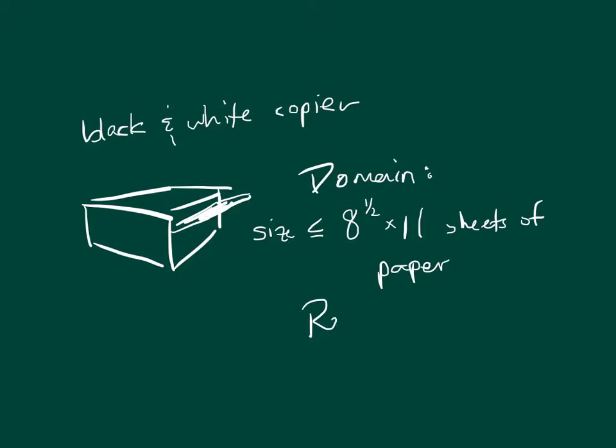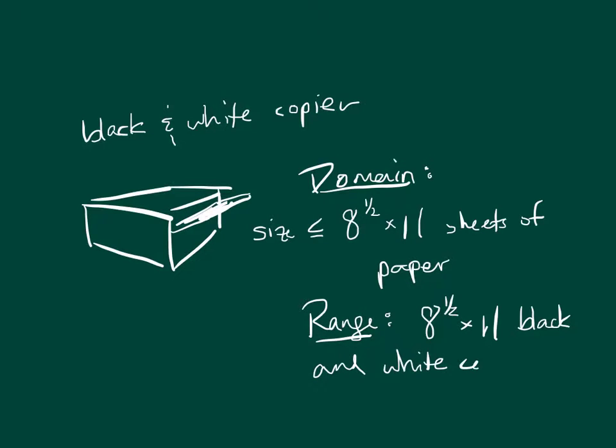And then the range will be, in this case, if I load it with 8.5 by 11 sheets of paper, the range will always be 8.5 by 11 black and white paper. No, you should not stick animals into photocopiers. So this is just an abstract example of domain and range.